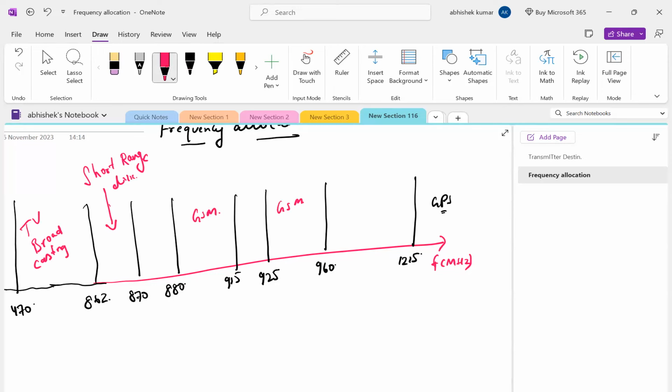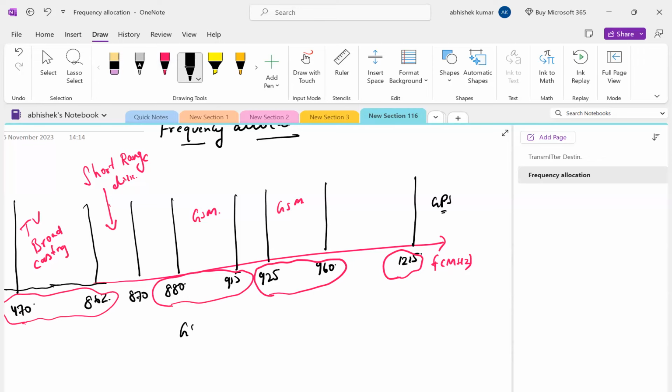Frequency spectrum. This is the frequency spectrum that is often allocated. If we are working in the frequency range 470 to 860 megahertz, it will be used for TV broadcasting. 880 to 915 megahertz or 925 to 960 megahertz is used for GSM, and above 1.2 to 1.5 gigahertz is used for GPS.